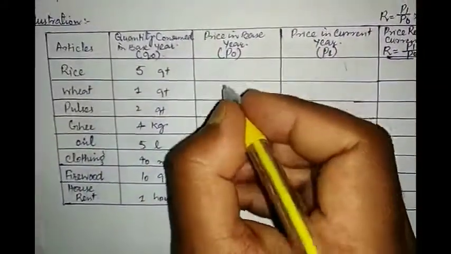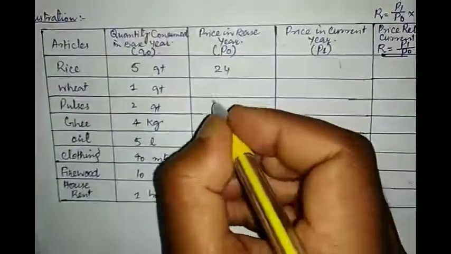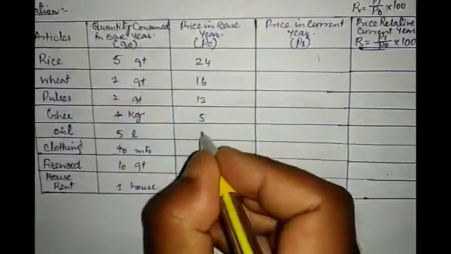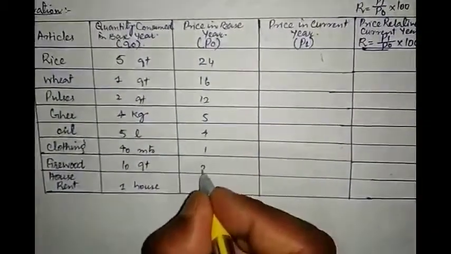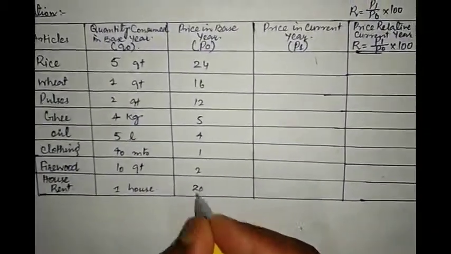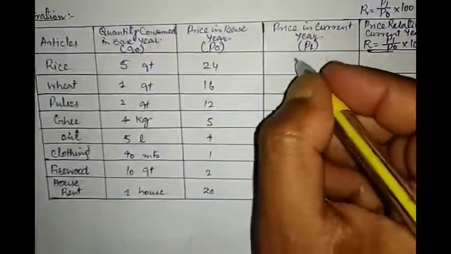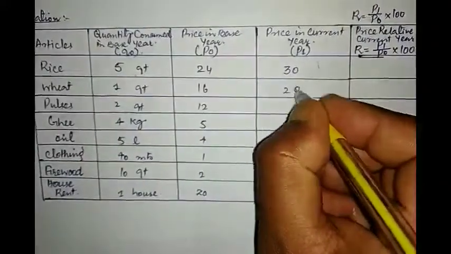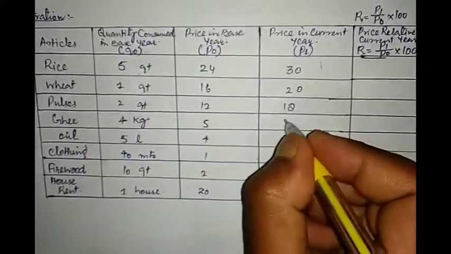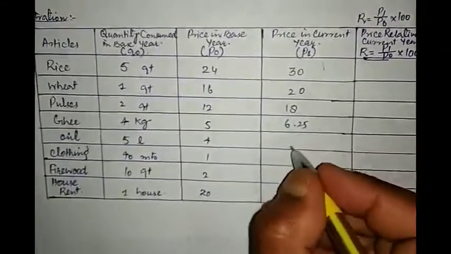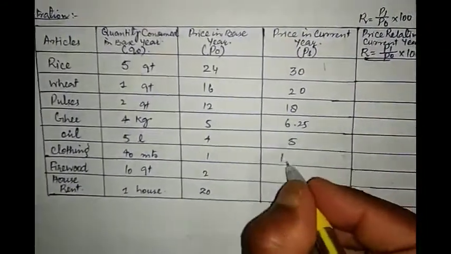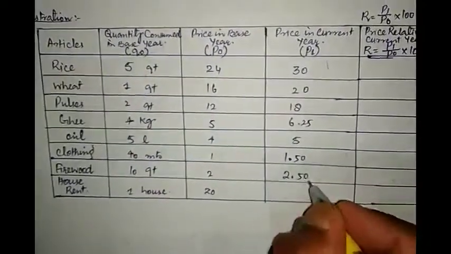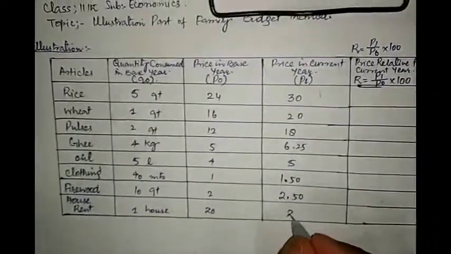Price in the base year: 24, 16, 12, 5, 4, 1, 2 and 20. Price in the current year: 30, 20, 18, 6.25, 5, 1.50, 2.50 and 25.